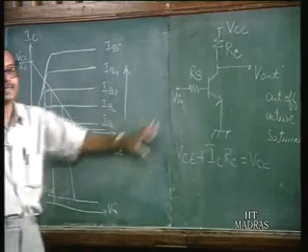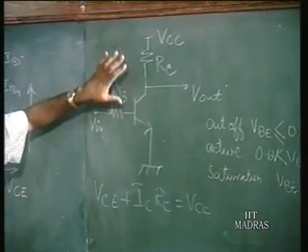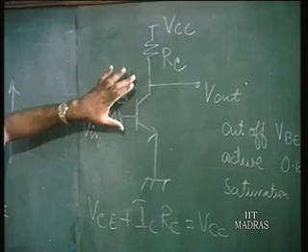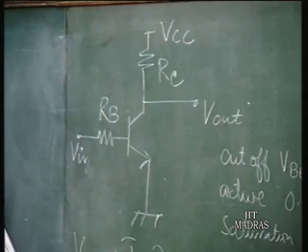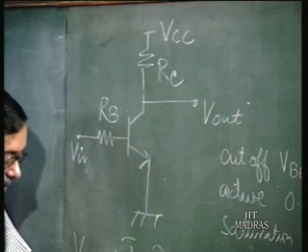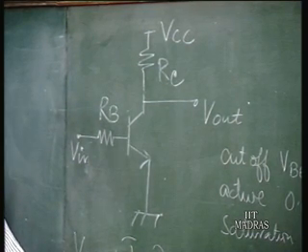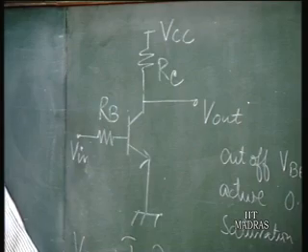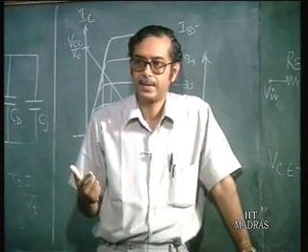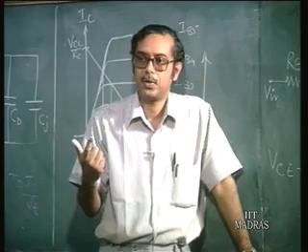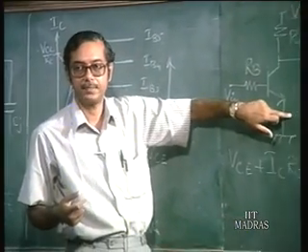Now, in this circuit the transistor is also behaving as a switch. It is also called the transistor as a switch. The reason is, what happens when you have a switch? You have, say, a power supply, a resistance and a switch.